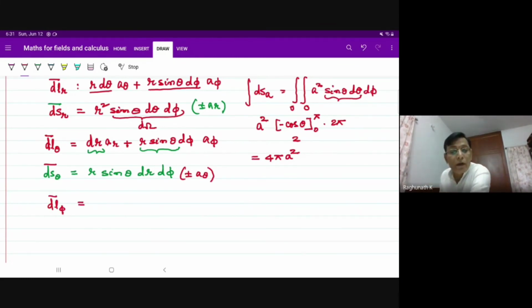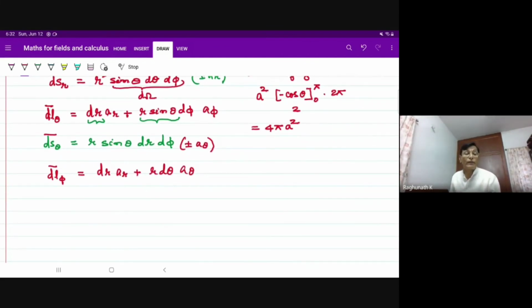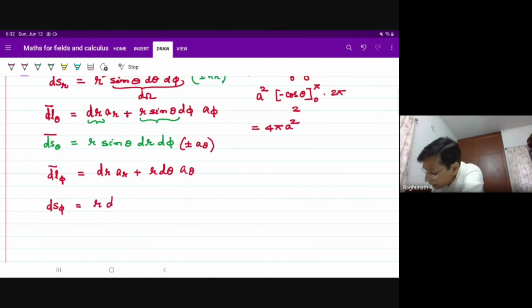I can only change r by dr, theta by d theta. Because of which the differential surface element on phi equal to constant plane is ds phi equal to r dr d theta inside the sphere.